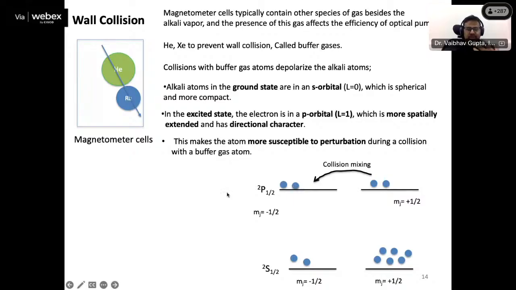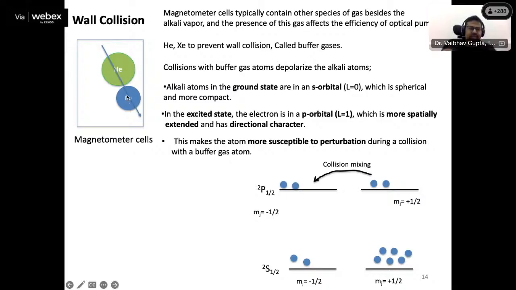So the whole thing is that we don't want a lot of collision with the wall. In order to stop it, we put helium or xenon gases. Once we introduce these gases, rather than hitting the wall, the rubidium start hitting the gases. Once rubidium hits the gas, in a very short time interval it makes sort of a molecule.